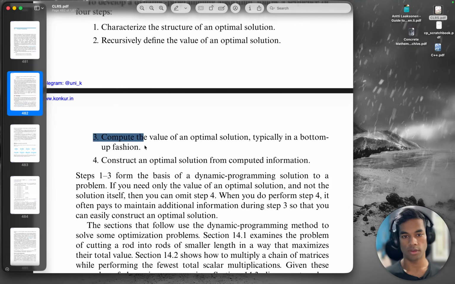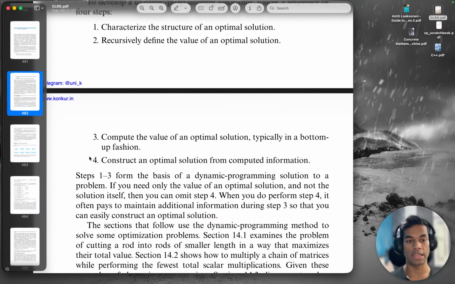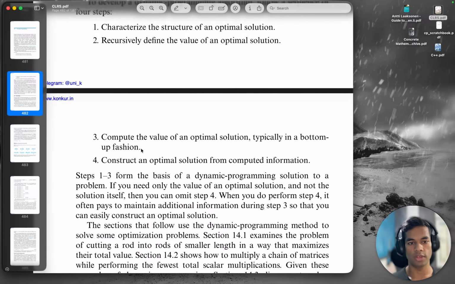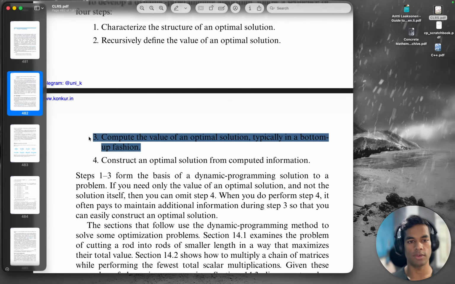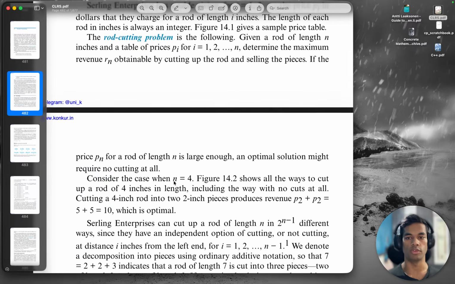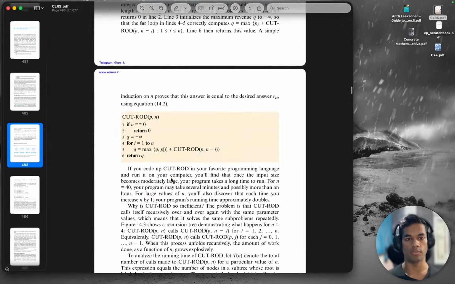Then compute your optimal solution, and then you could also construct your optimal solution. Usually we just do the first three steps, because usually we want the optimized value, not the solution which gives that optimal value. We usually just care about what the optimal value is.